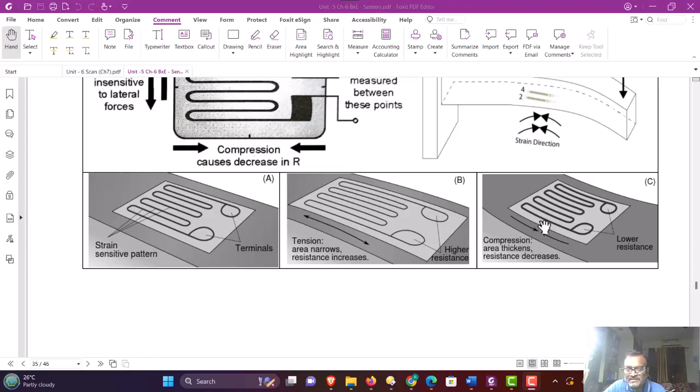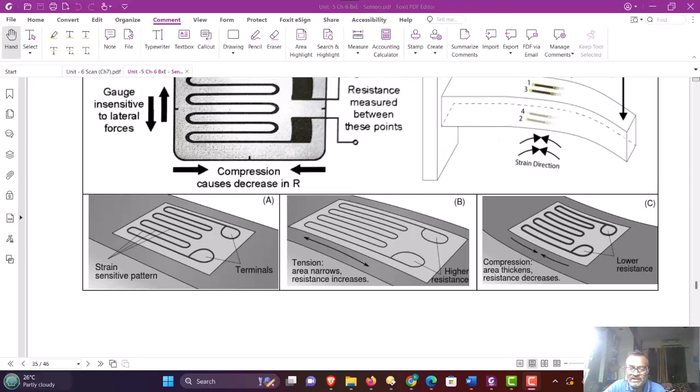Here in figure C, there is a compressive type of strain developed in the strain gauge due to bending of the strain gauge to the inner side. The same happens here on the cantilever beam. So additional figures are shown for better understanding.